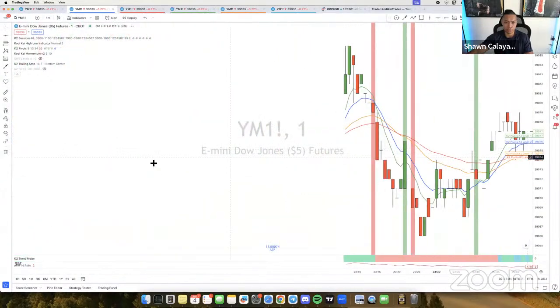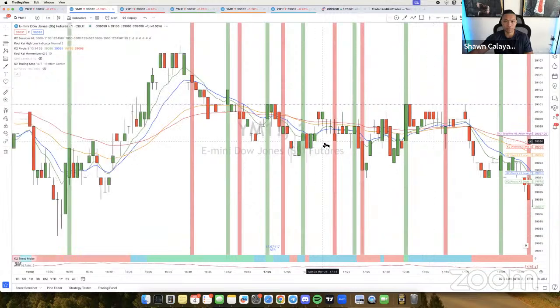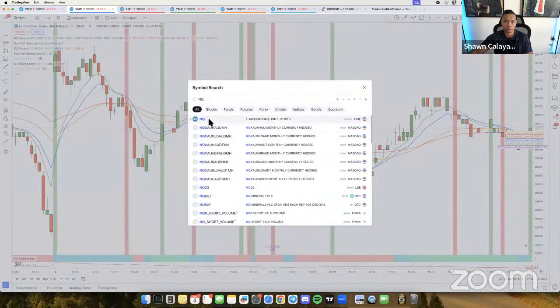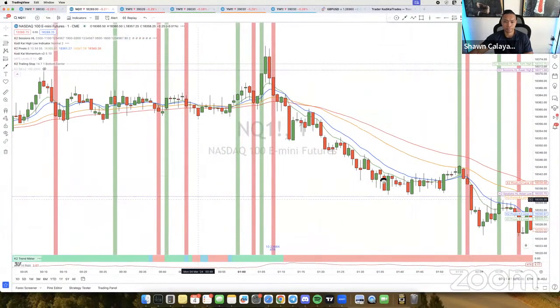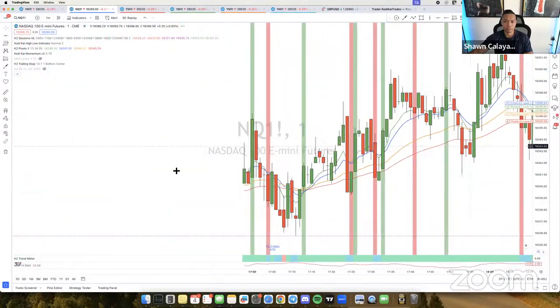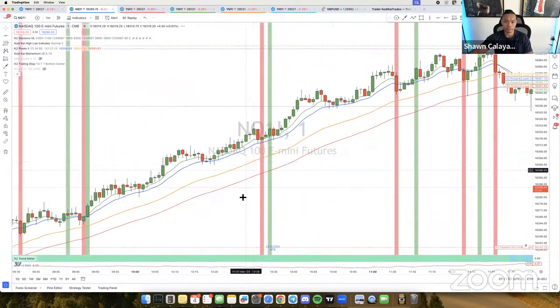So if you're trading this during Asia session, it's going to be slow. If anything, you probably want to trade NQ. NQ is Nasdaq. That thing actually moves during Asia session. So if you want to trade an Asia session, NQ is probably your better option.